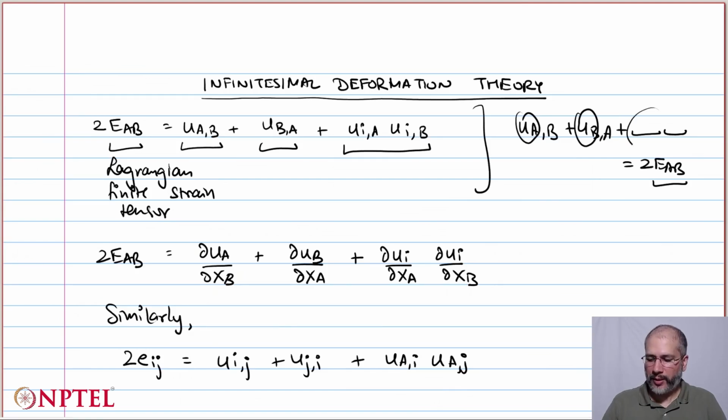But if you have a nonlinear term here, it makes life very difficult. So that is the reason we study things in the infinitesimal deformation theory, where we take the deformations as really small and then we neglect this term, and that helps us with solving the differential equation comfortably.